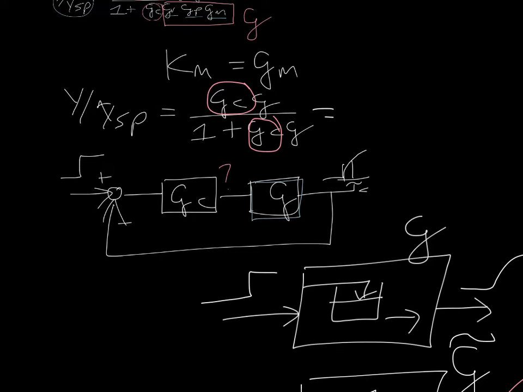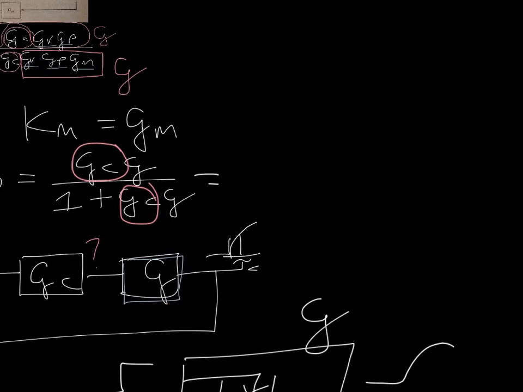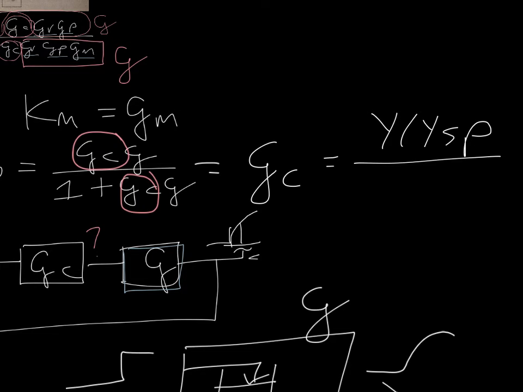And so if we solve for GC in that equation, what results is GC equal to y over ysp over 1 minus y over ysp, all with an inverse of the model in front of it.